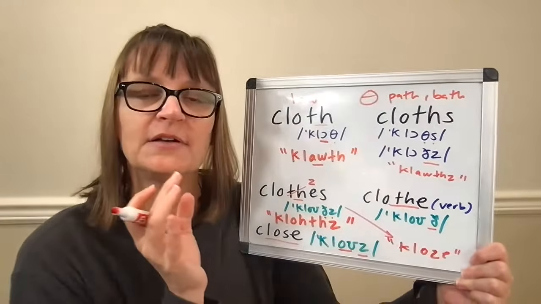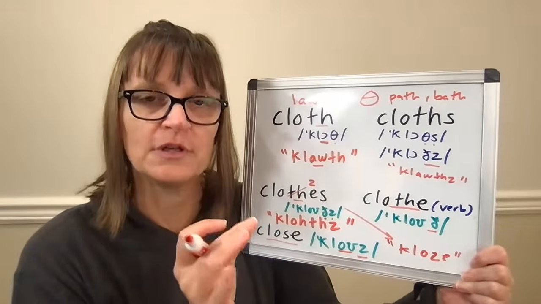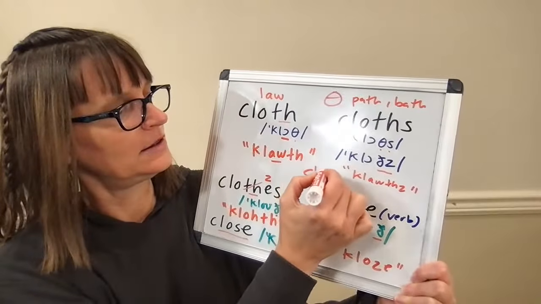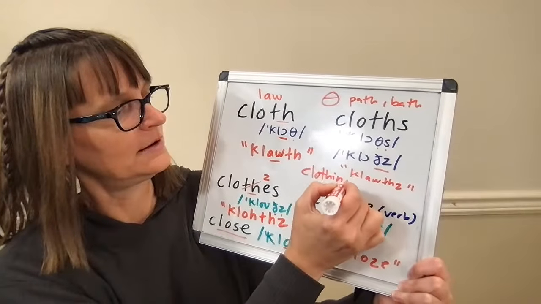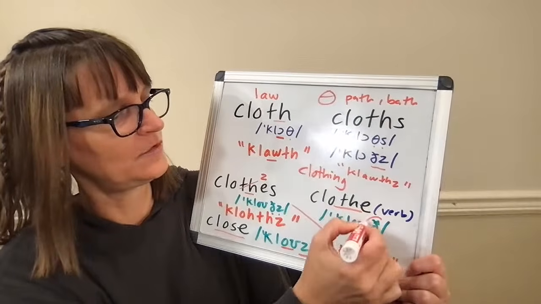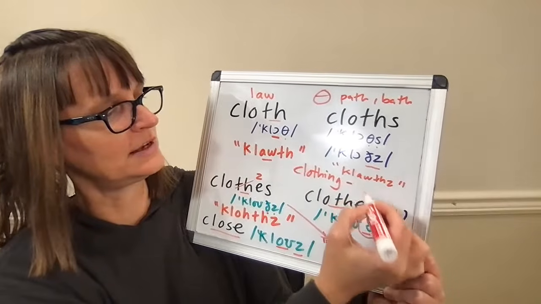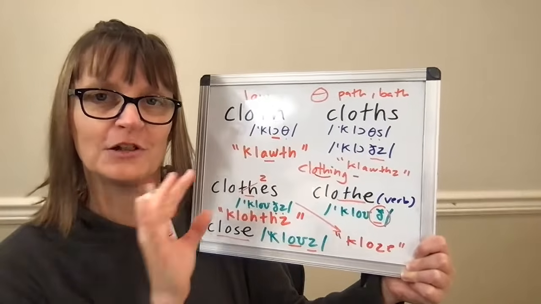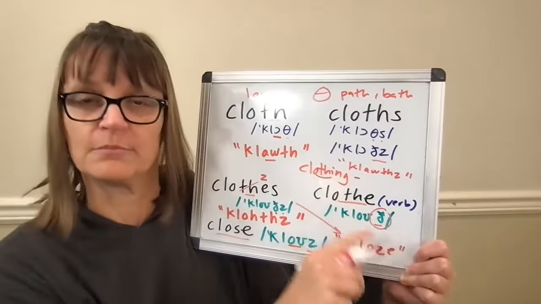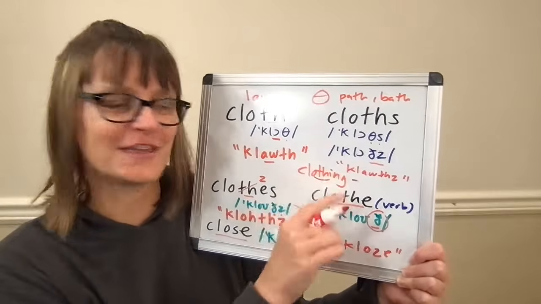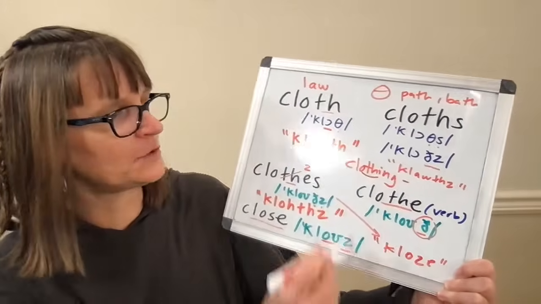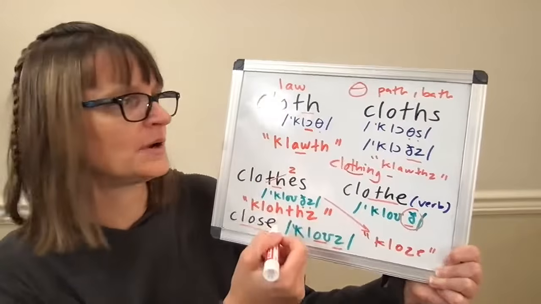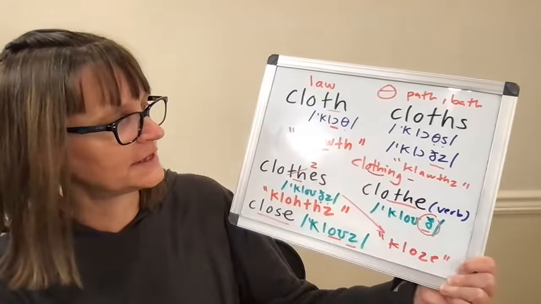So practicing voiced TH, clothe, you might find it's easier to do something like clothing. And that one has the same voiced TH. So clothing, because I'm linking and I'm keeping my voice on, clothing, clothe. So clothe is just like clothing without the ing. So my clothing, my clothes, you can do either one, cloth and cloths.